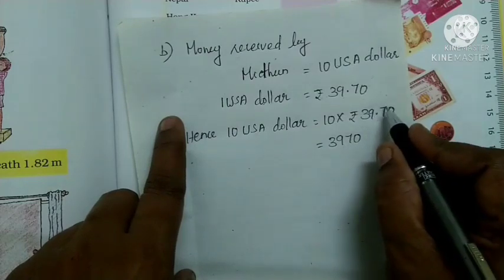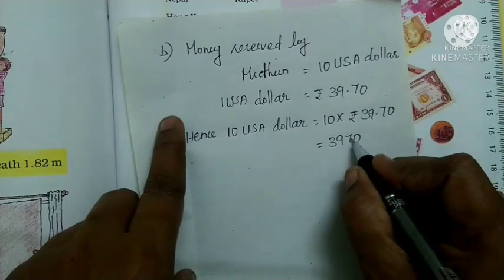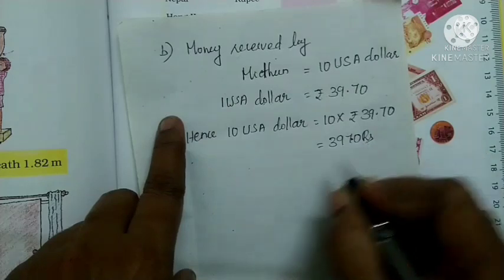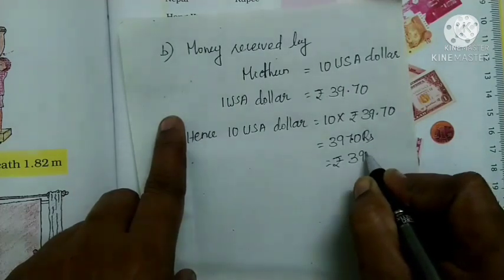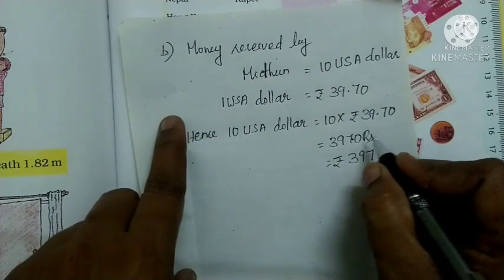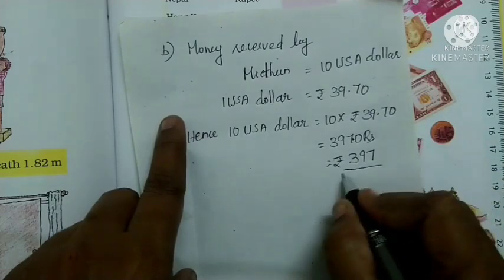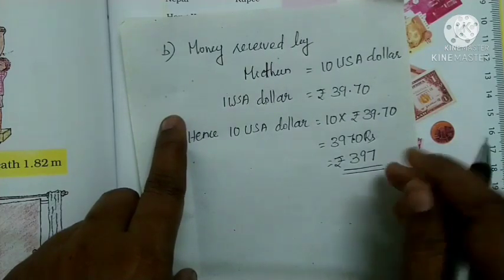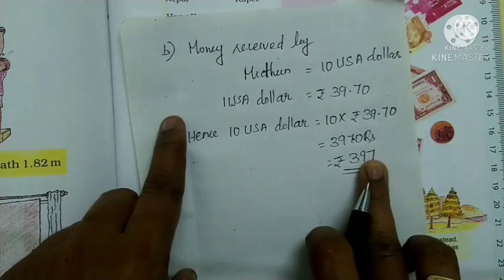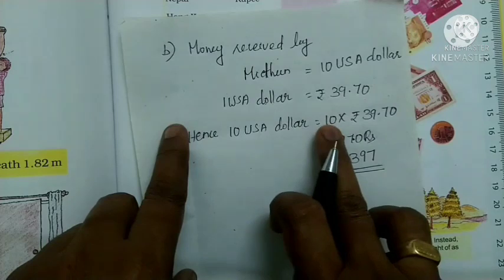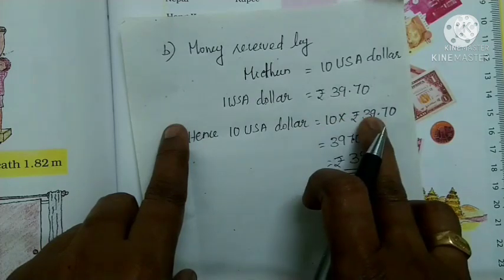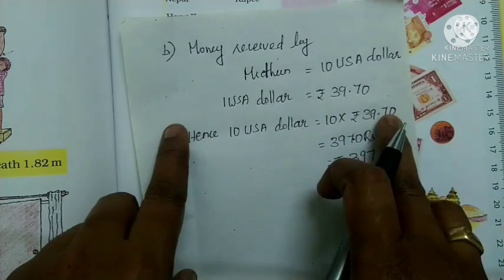One place after, we have to put the decimal point. So this decimal point moves to this place. So the answer is, once again I am repeating, write rupees 397.0. There is nothing there. So we can write 397 rupees. Understand? So multiplying with 10, we move the decimal point one place.